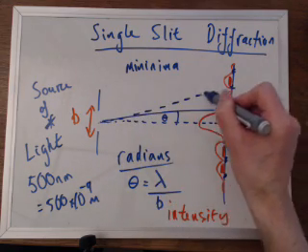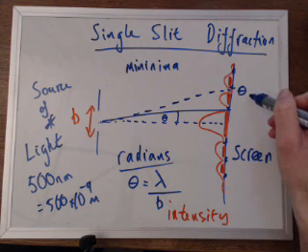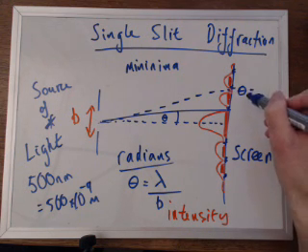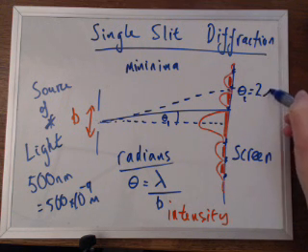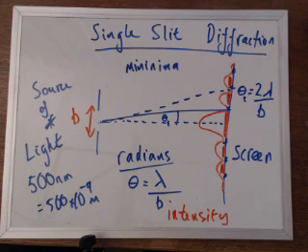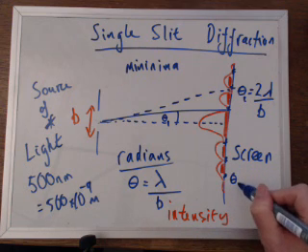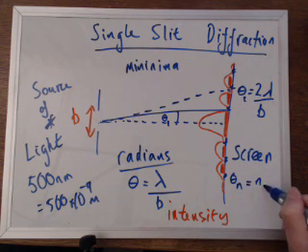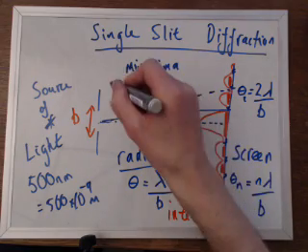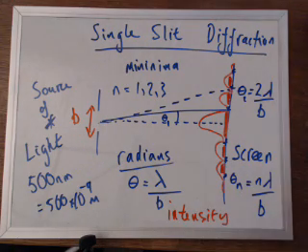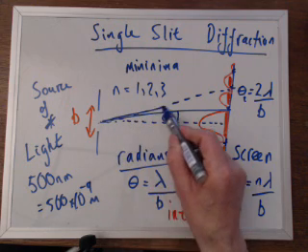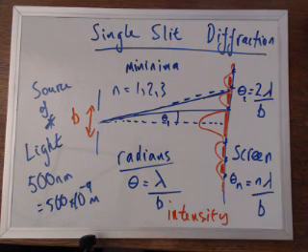So if we measure now the angle to the next one, we've got theta 1 and theta 2 would be equal to 2 lambda over b, etc. So in the whole pattern, the angle theta n would be equal to n lambda over b, where n is an integer equal to 1, 2, 3, etc. Okay, so let me just draw that in bold there. So that is the angle to the first minimum.